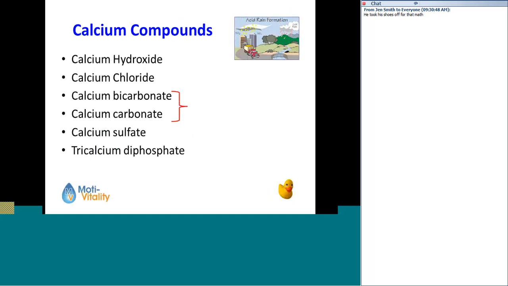So what happens is water, as part of the hydrologic cycle, evaporates, goes up into the atmosphere, and amongst other things, it collects carbon dioxide up there. When it collects carbon dioxide, it forms an acid called carbonic acid.